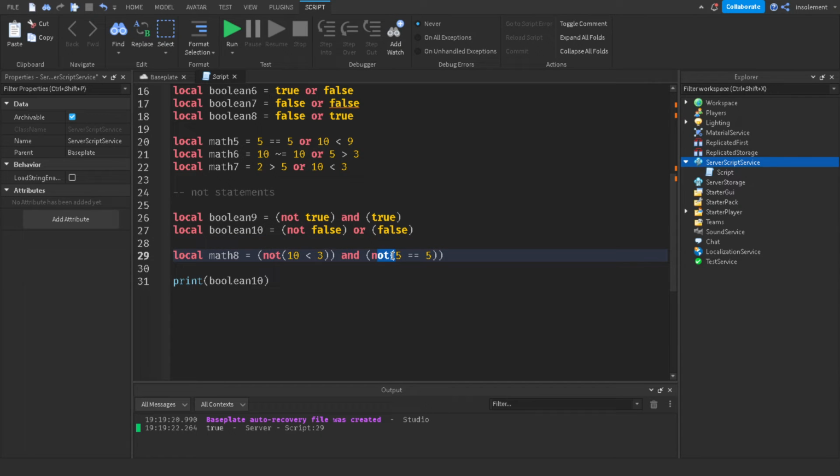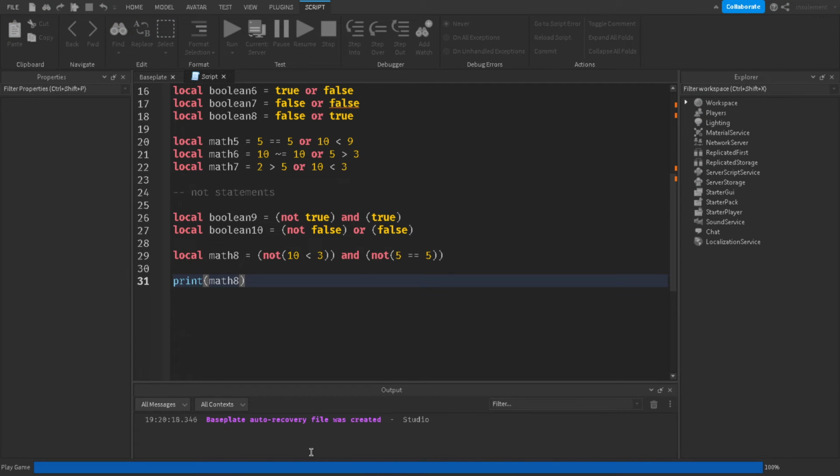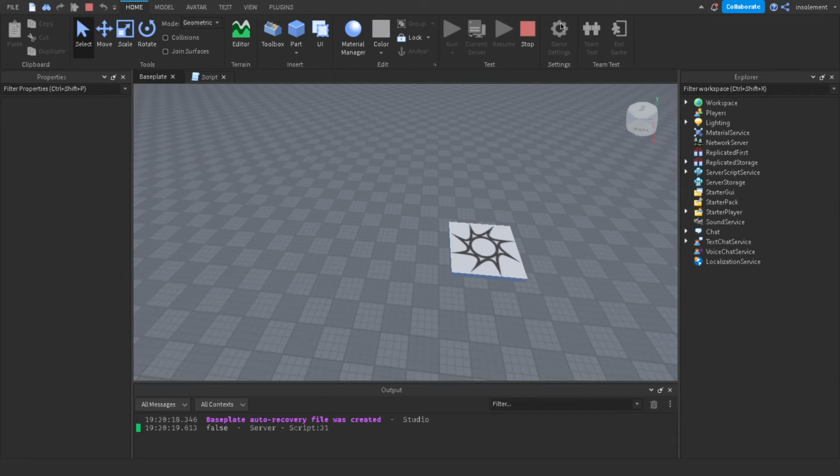Our not flips it to a false. True and false, AND needs both sides to be true. But we only have one side true, so this entire statement would be false. Right? False.